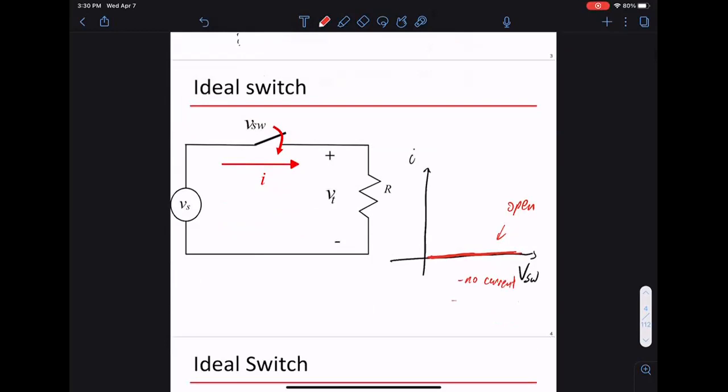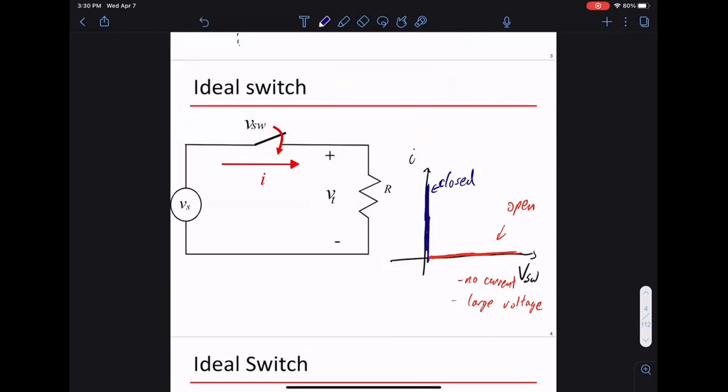You can handle arbitrarily large voltage across the switch. So for an open switch, there's no current flowing, but there's some voltage across the gap in your switch.